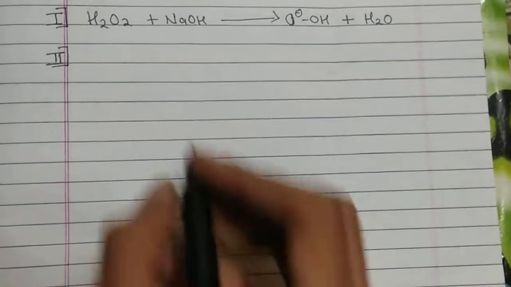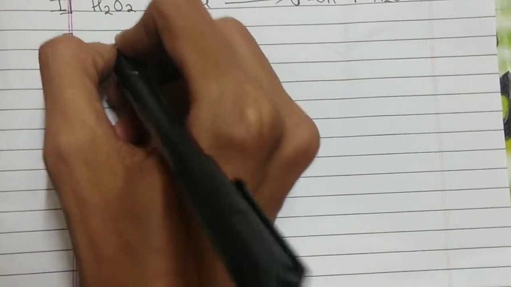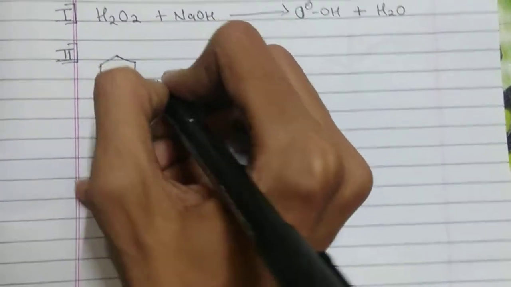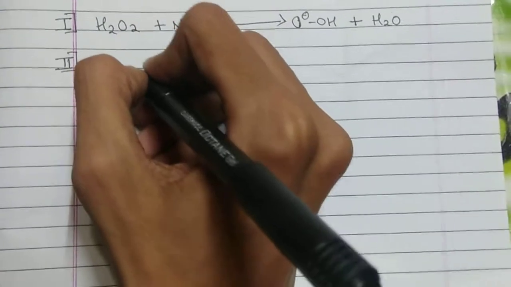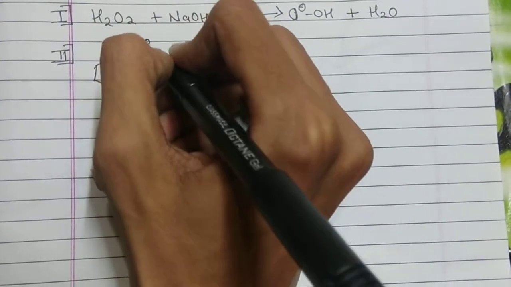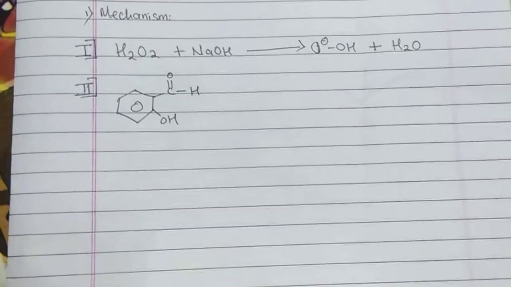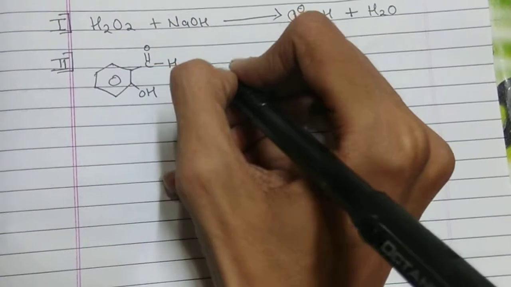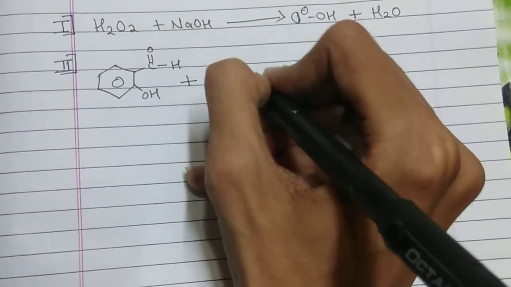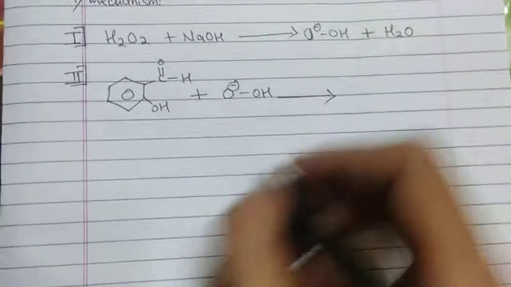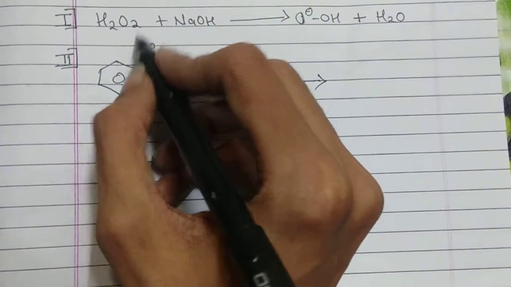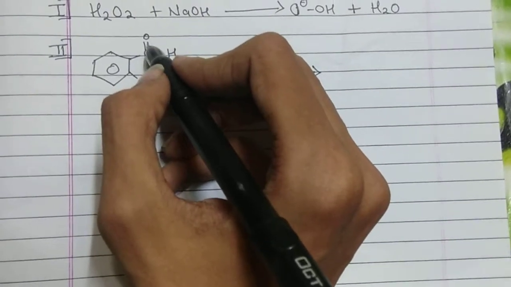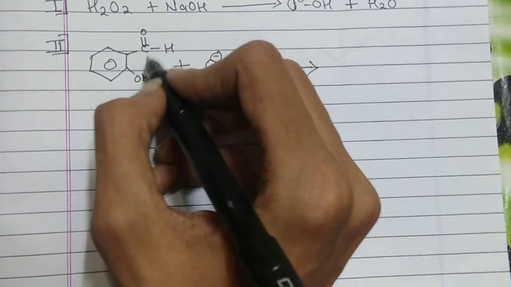Okay. So in this case I am taking a phenolic aldehyde. That means here will be my phenolic OH and here I have a CHO group. Okay, so to this I'll be adding this part which will come from the reagent. So that is my OOH. Now what happens in the first step is that the double bond between the carbon and the oxygen will break, and this will form a single bond with oxygen, and hence it creates a valency.